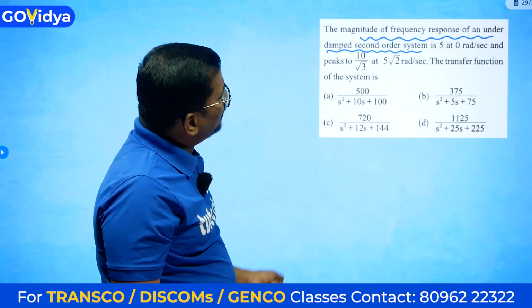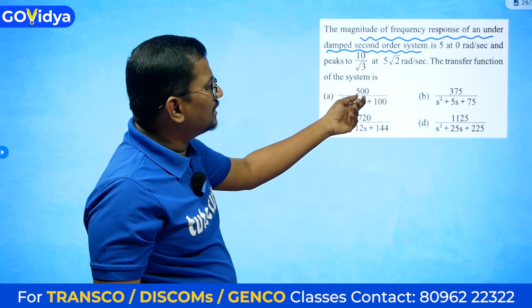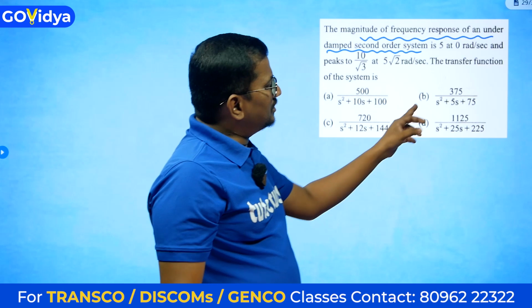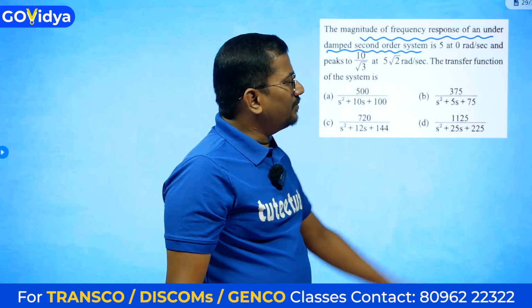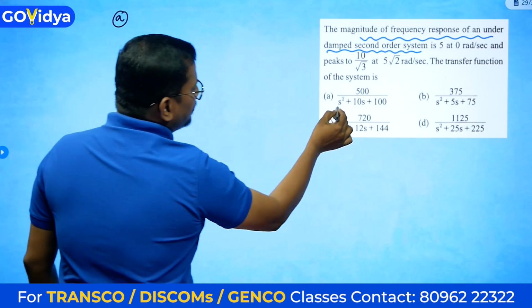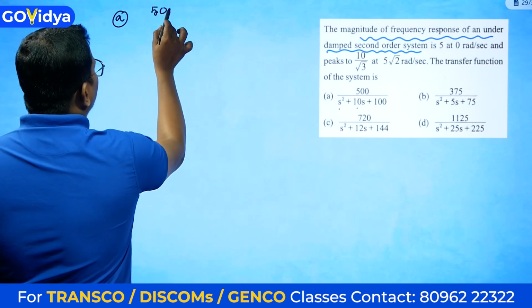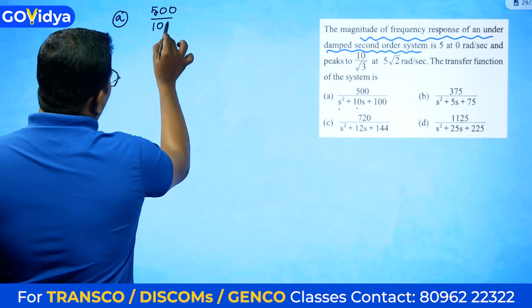So you simply do one thing, put s equal to j omega, that is 0. First take option A, put s equal to 0 in this, what will you get? 500 by 100, which is equal to 5.